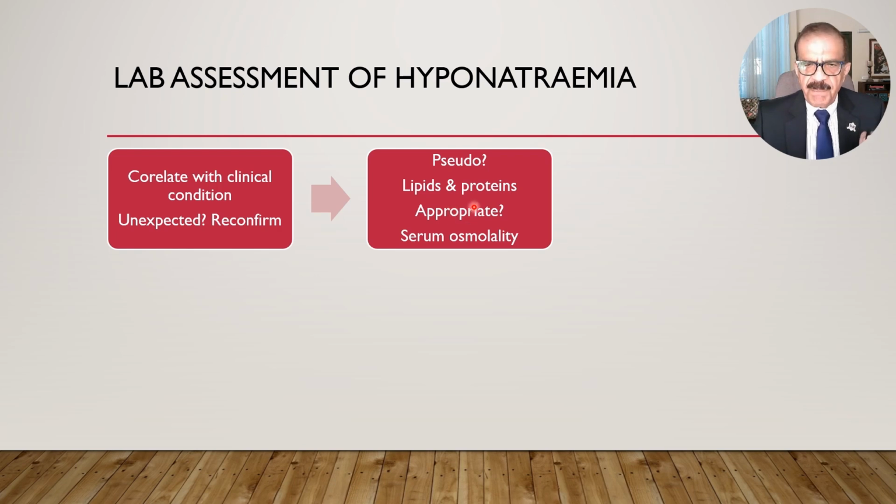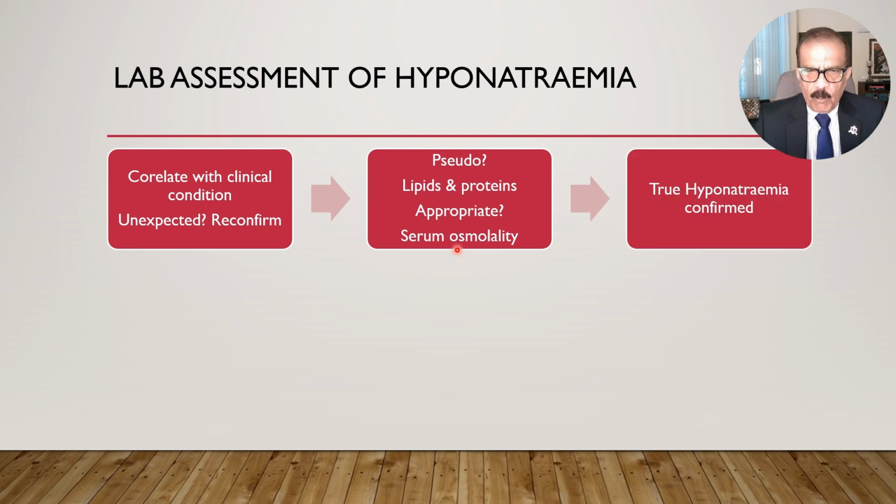So when we take a sample to measure sodium, some of this sample may not be actual plasma. The space may be taken up by the protein and the lipids. So you are measuring sodium in that sample, but the sample is actually less than it. The whole sample is not serum. So you are measuring sodium which looks low, but if you measure serum osmolality, that will be normal. This is how to differentiate between pseudo and true hyponatremia. In true hyponatremia, serum osmolality will be low.